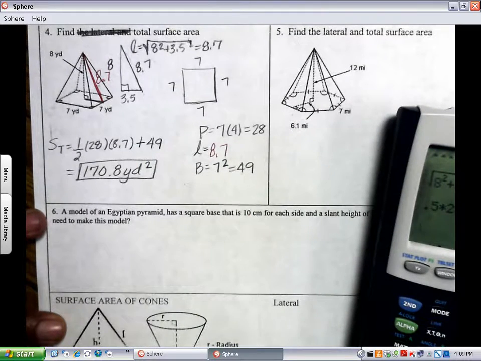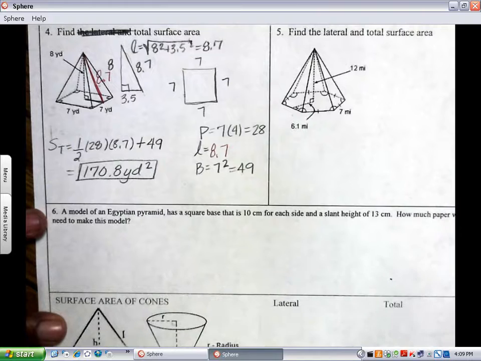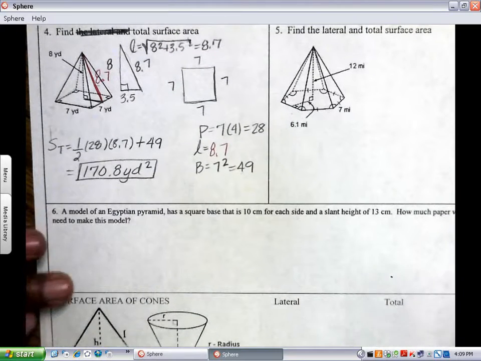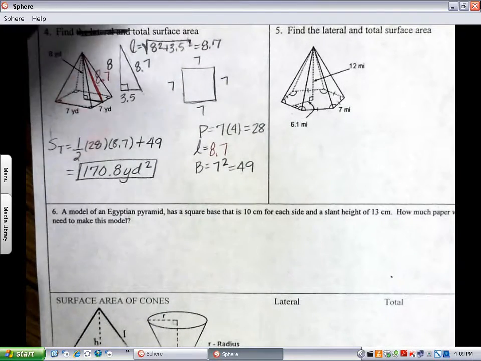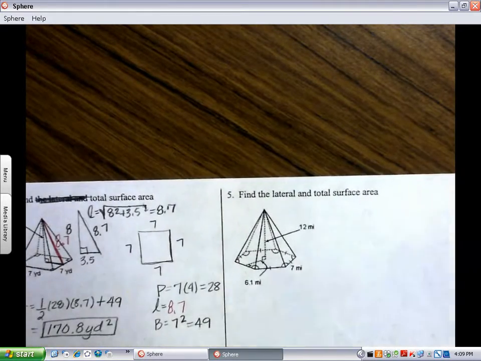Let's try number 5. I'm going to work it out and give you some time to work it out without showing it to you. Alright, let's see if you can get it. You have to use Pythagorean theorem.